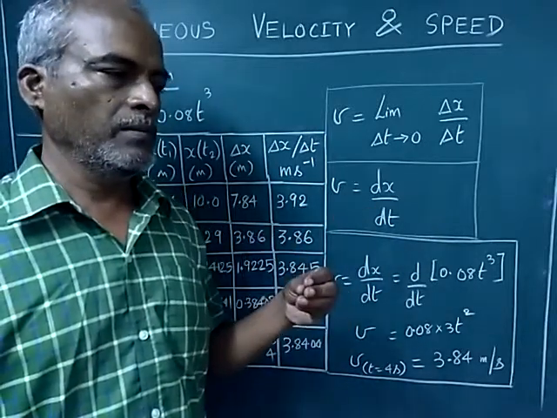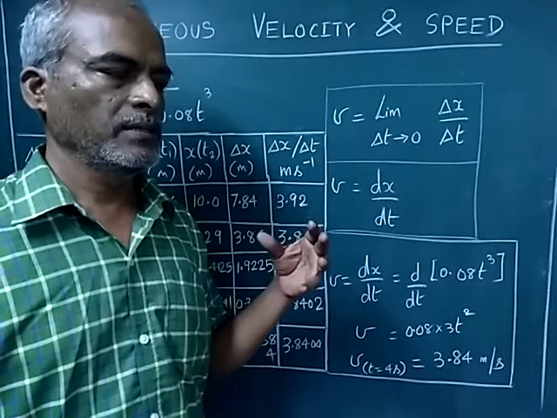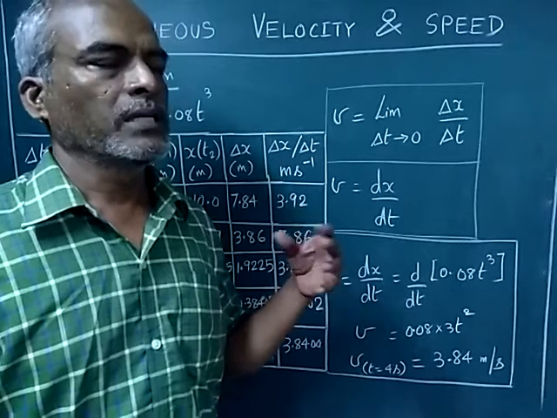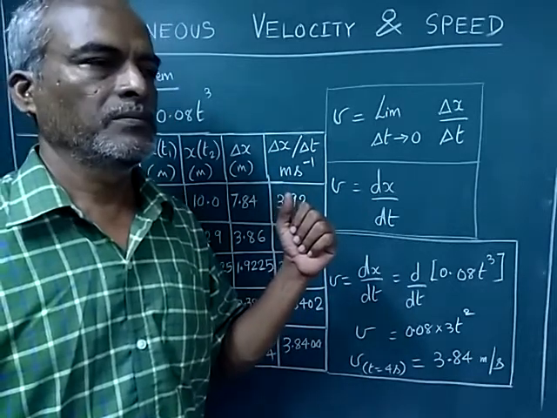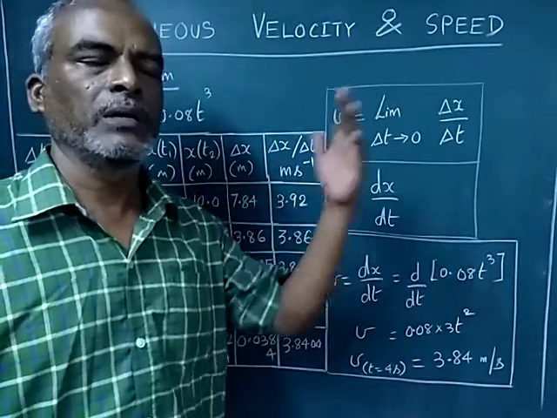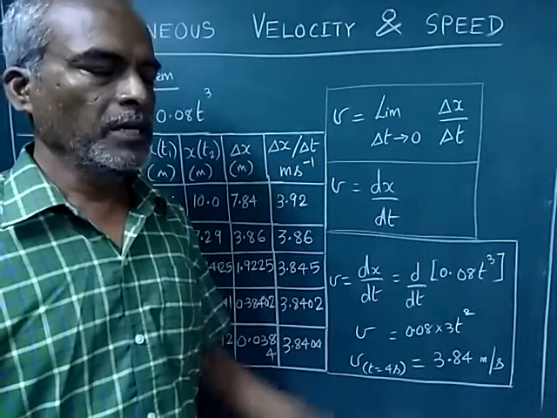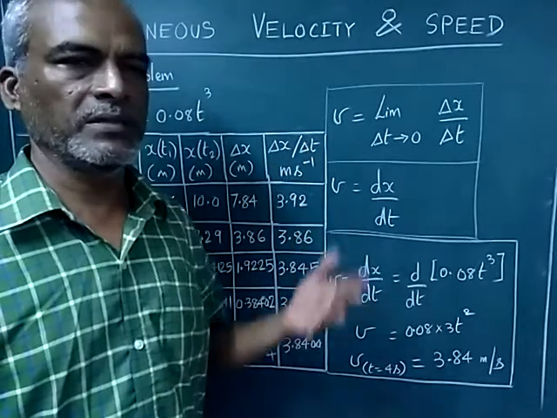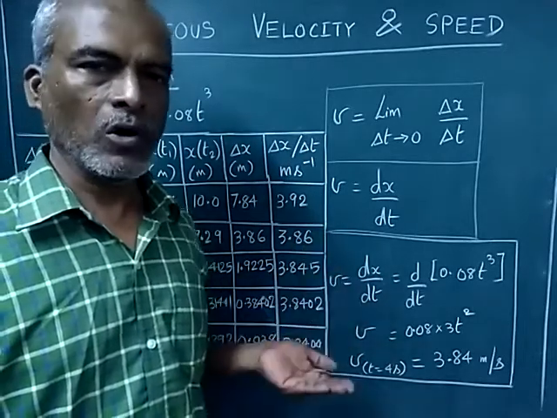Say a bike starts at 8 a.m. and covers 100 km within 1 hour, so it has reached by 9 a.m. In between, we don't know what happened, whether he raised the speed, decreased the speed, or halted somewhere.